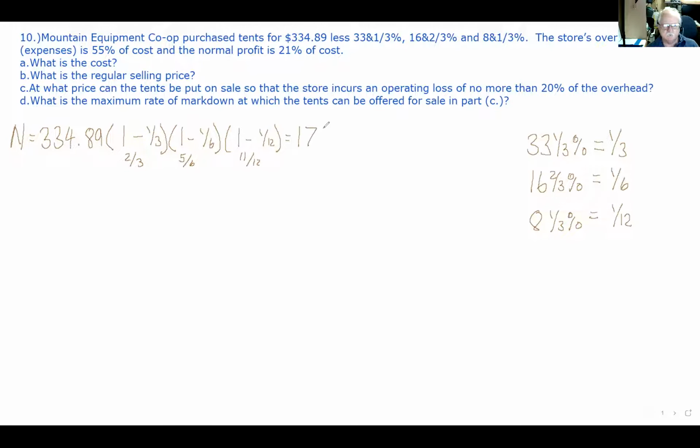I'm getting 170.55. And if anybody's not getting that, now should be a good time to worry and figure out what you're not doing properly.